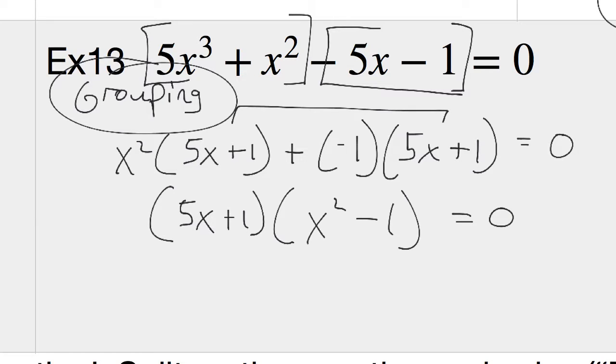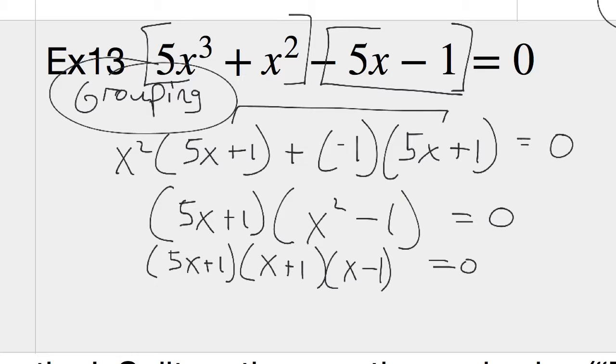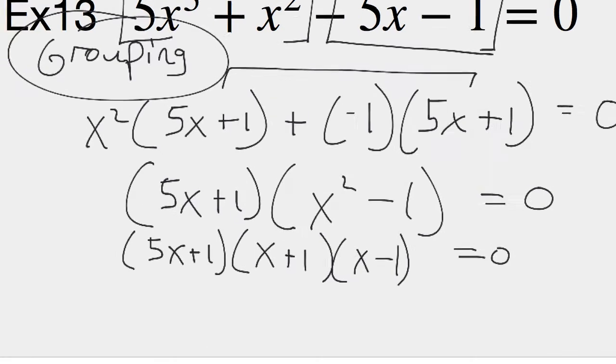I can further factor that, can't I? 5x plus 1 times x plus 1, times x minus 1 is equal to 0. Now that it is completely factored, I can write them as individual equations. And in fact, this is the whole point why we teach you to factor. This right here is actually the reason.